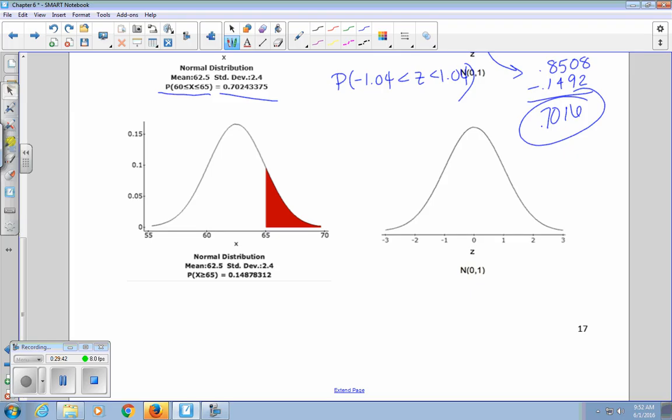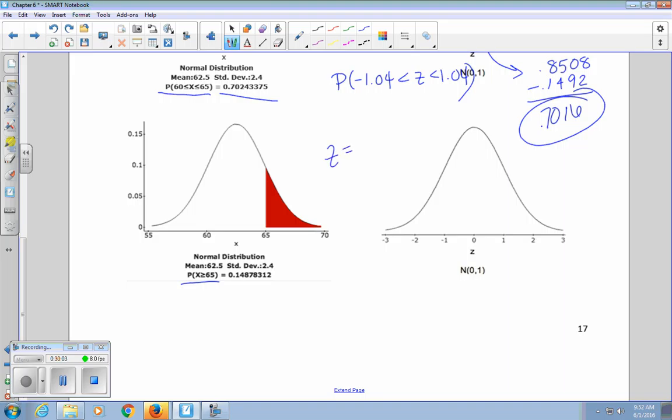And then the final example I have here is to show how do we find out when we're looking for greater than, because our table is always set up in less than. So what's the probability of picking a woman that's greater than 65 inches? So again, you need to standardize that.